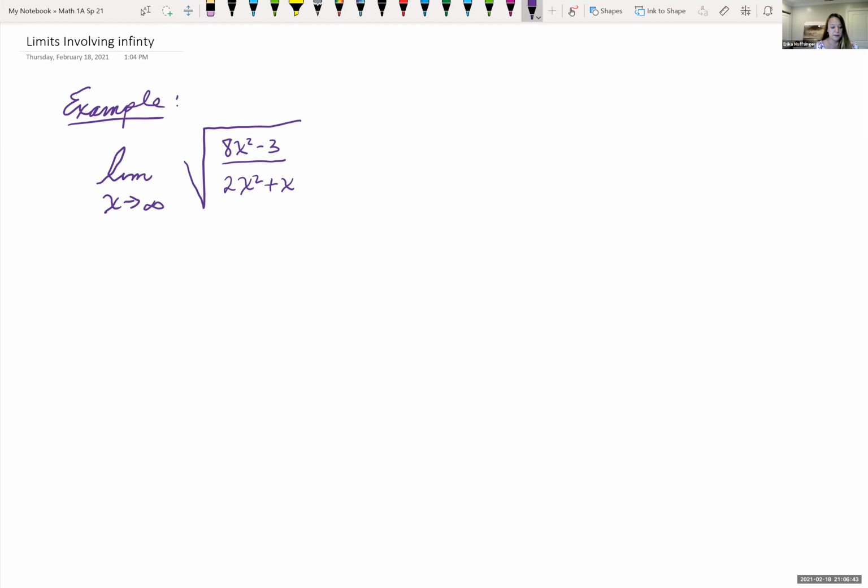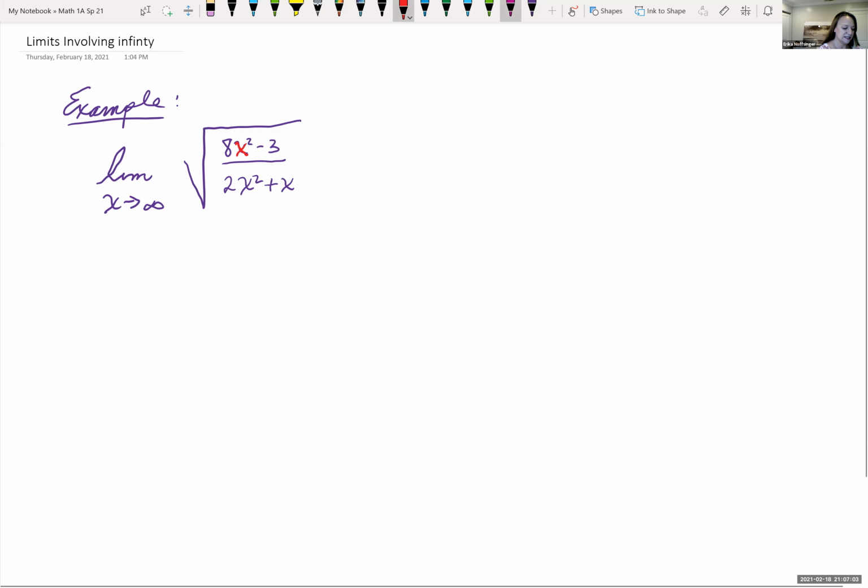So if we took the limit here and plugged in infinity wherever we see an x and analyzed what is going on, notice that 8 times a huge number going to infinity and squaring it is huge, minus a 3.